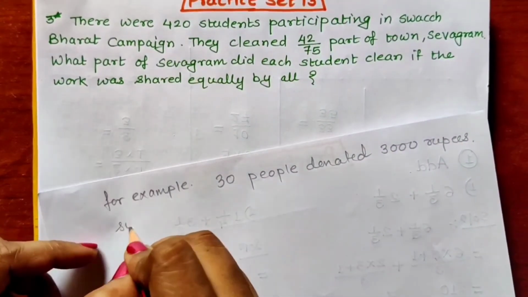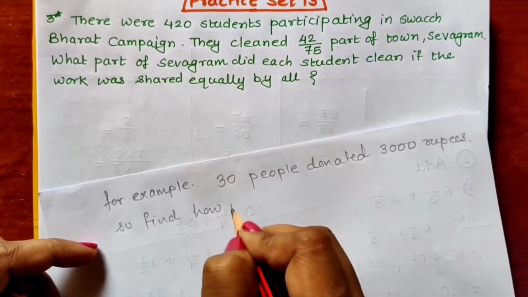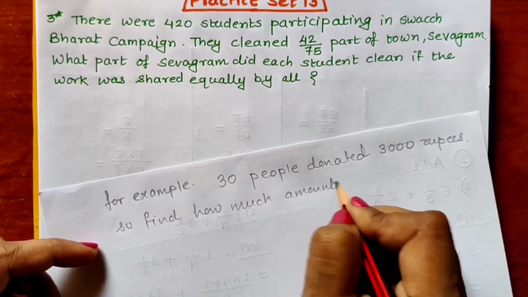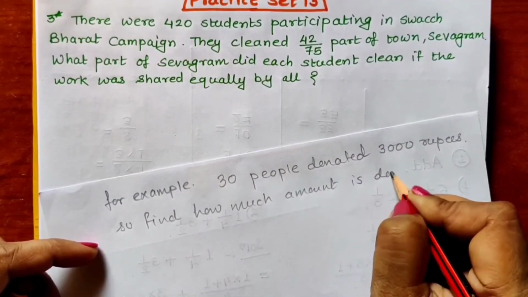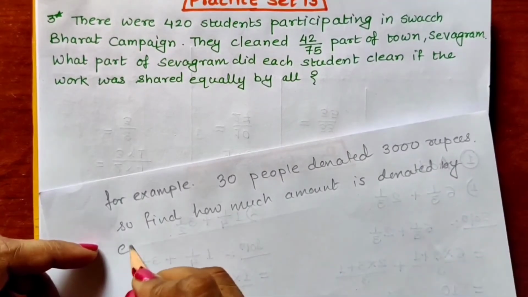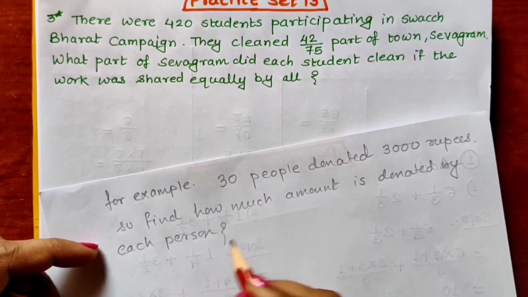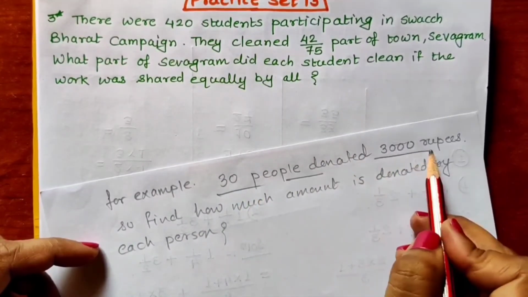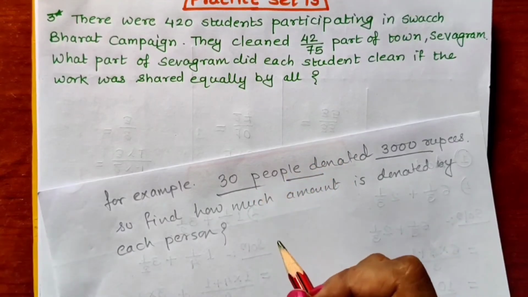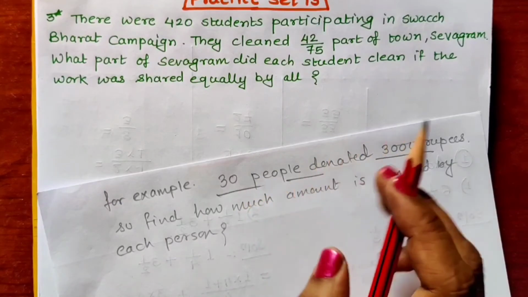So find how much amount is donated by each person. Okay, if this is a question, 30 people donated 3,000 rupees. So we have to find out how much amount is donated by each person if the amount donated is equal.